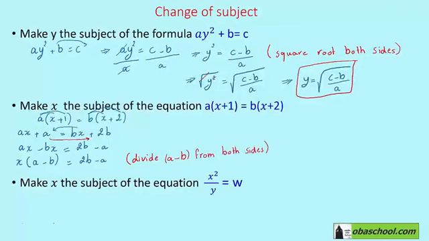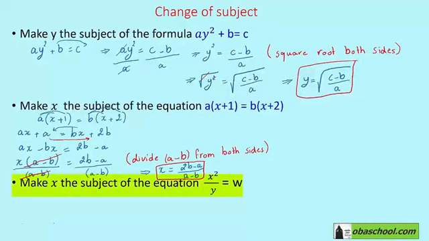Now we're going to divide both sides of the equal sign by a minus b to isolate the x. So we add denominators on both sides, equivalent to a minus b. Now the x is isolated, and x is equal to 2b minus a over a minus b.